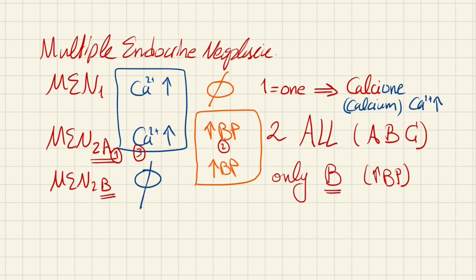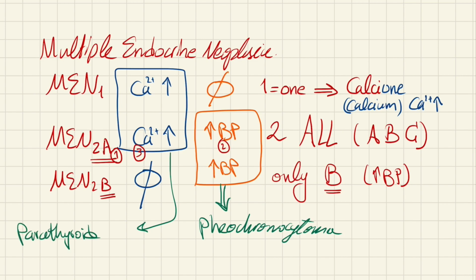Type 2A: high blood pressure and hypercalcemia. Type 2B: blood pressure alone. The blood pressure is because of the pheochromocytoma, and the calcium is because of the parathyroid hyperplasia. We will discuss them further in endocrinology.